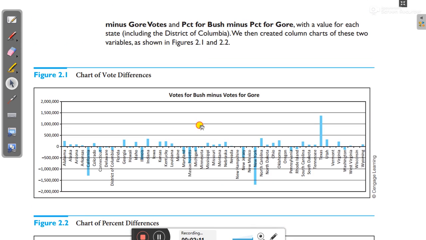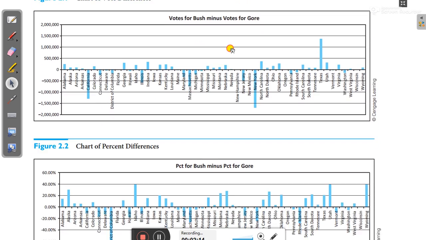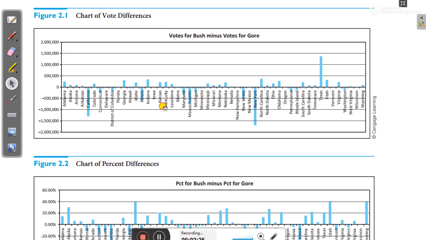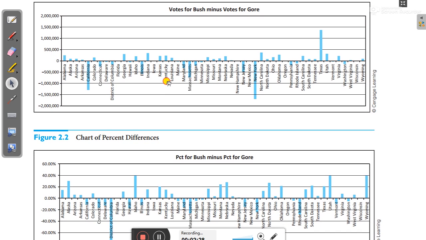Here you can see this is the first chart that depicts the vote difference, the difference of votes for Bush and votes for Gore. In many states, the differences are very low. Here, here, here, here.